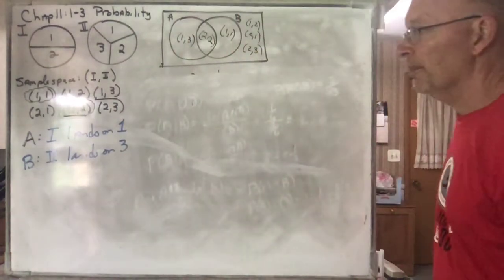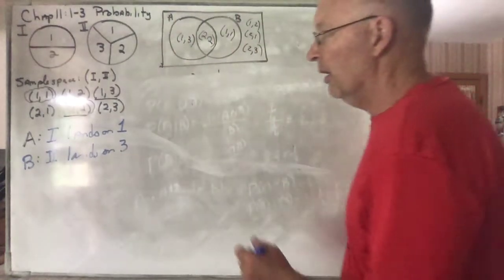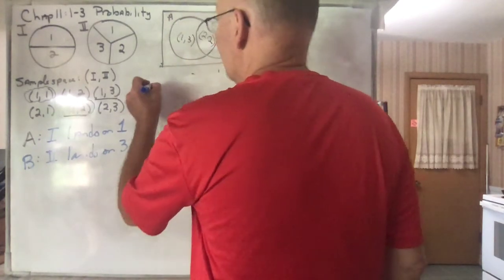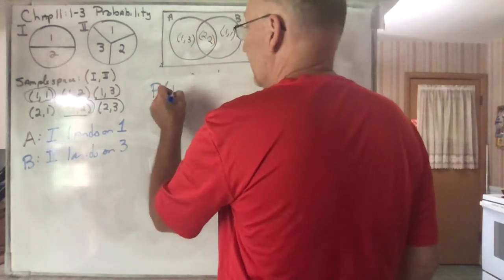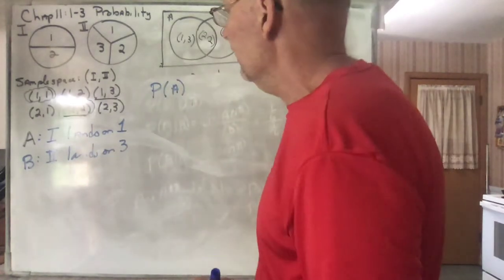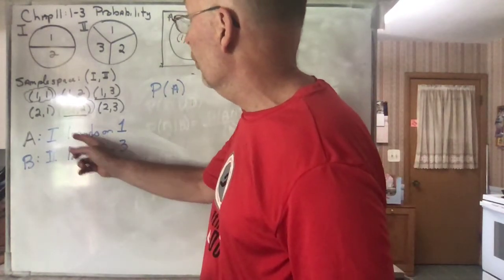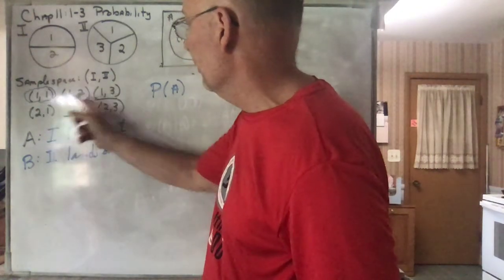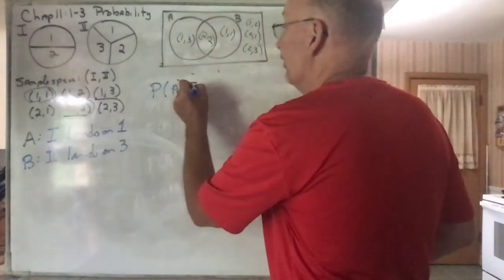Okay? Let's do that. So first of all, let's find the probability of A. The probability of A is that this thing lands on a 1. If you're going to have 3 of them, 3 out of 6. So it's going to be 3 out of 6.